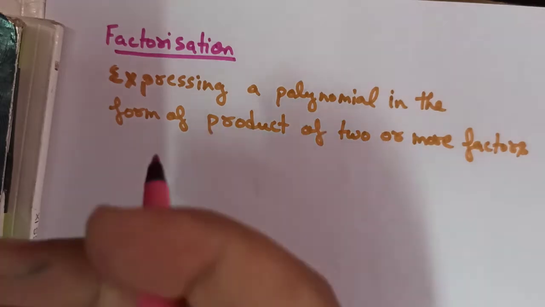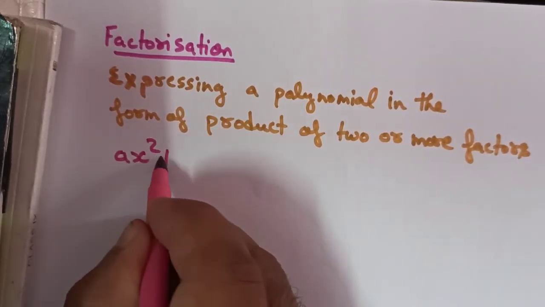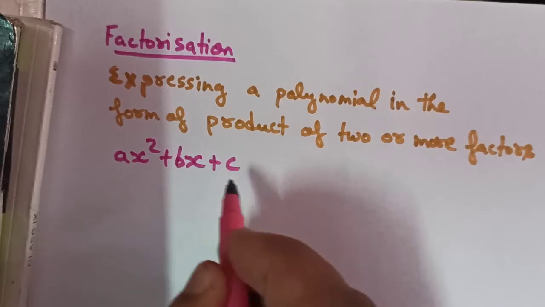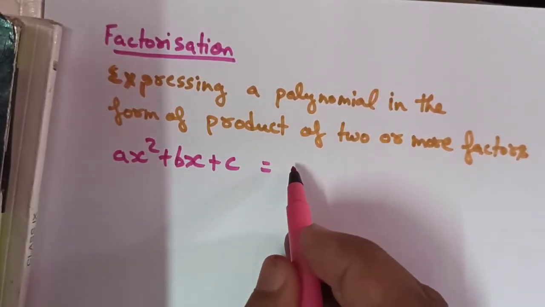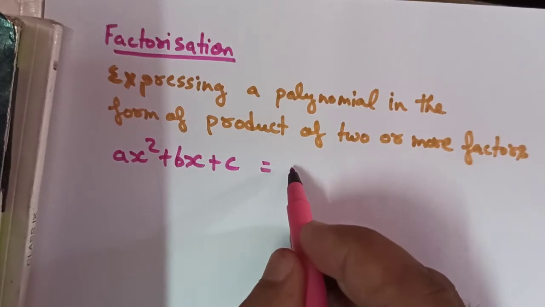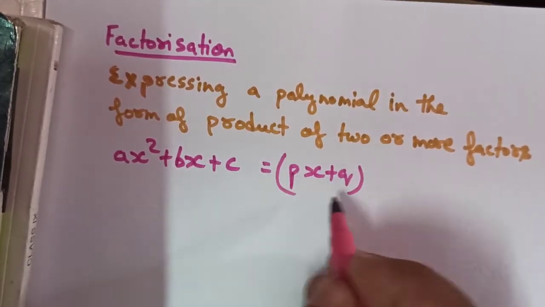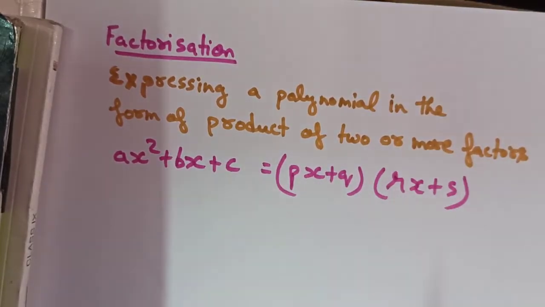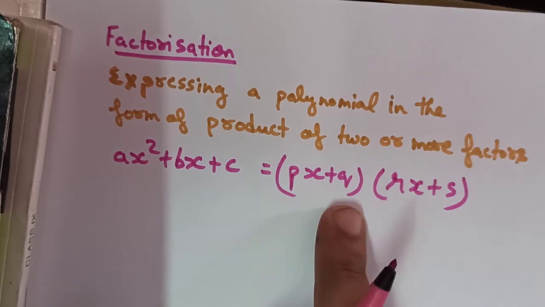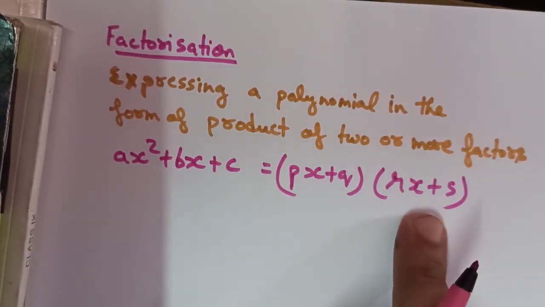For example, if we have a polynomial ax square plus bx plus c, that is a quadratic polynomial, it can be expressed as (x plus a) into (x plus b), or if we write it as (px plus q) into (rx plus s), these are the two factors. px plus q is a factor of ax square plus bx plus c, and rx plus s is also one of the factors of ax square plus bx plus c.